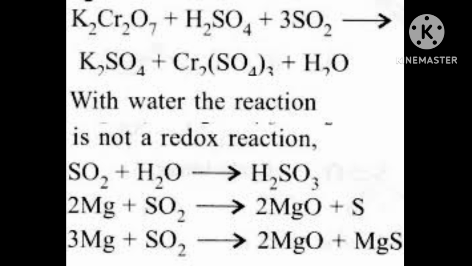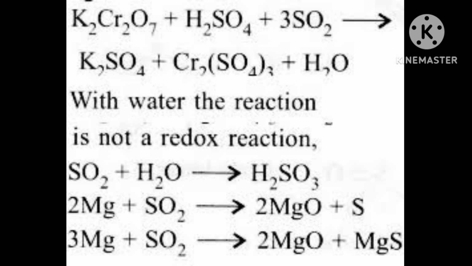If we represent the reduction of permanganate to manganate, manganese dioxide and manganese(II) salt by half reactions, I am telling you the reduction reaction: MnO4 1 minus plus 1 electron.